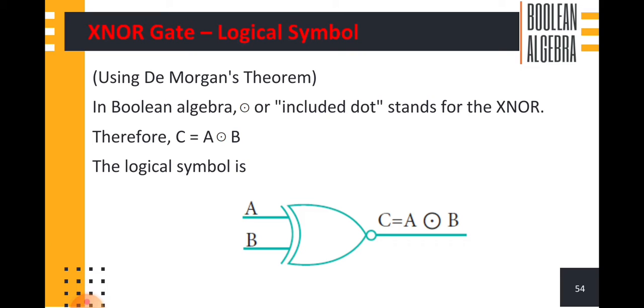This is the symbol for the XOR gate, and if we invert the output of this XOR gate, we get the XNOR gate. For inverting, we just put a circle alone. A circle alone indicates the NOT gate. So put the circle, and what is the output? You get C equals A encircled dot B. This is the output for the XNOR gate.